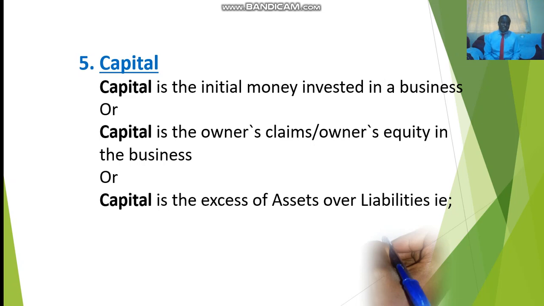Another term, which is the last one, is capital. Capital is the initial money that one invests in a business. Second definition of capital. Capital is the owner's claims or owner's equity in the business. That is what the owner can claim to be his.